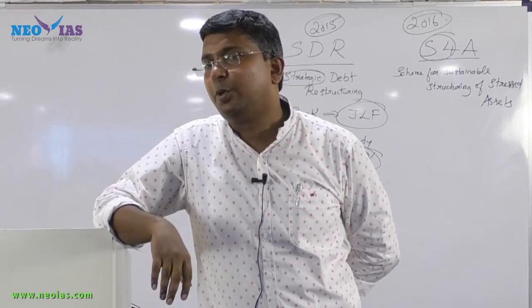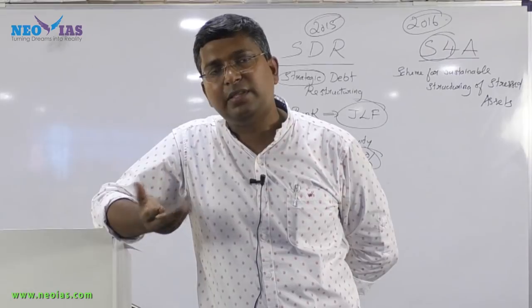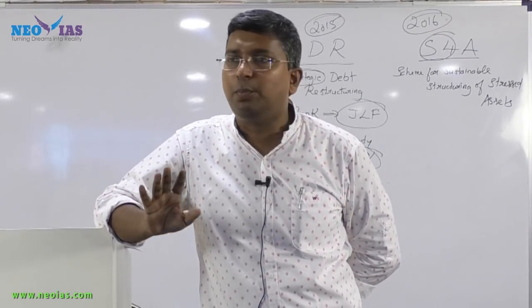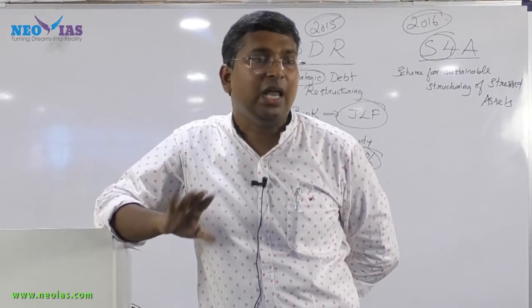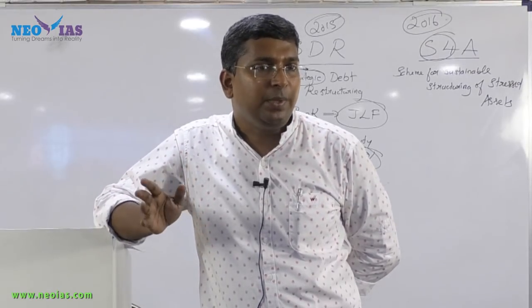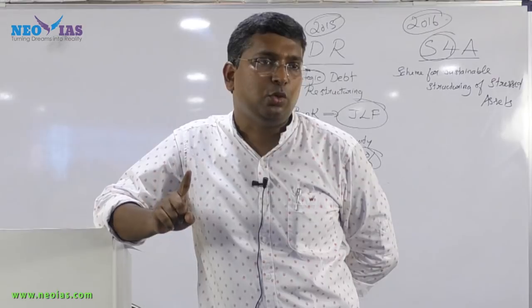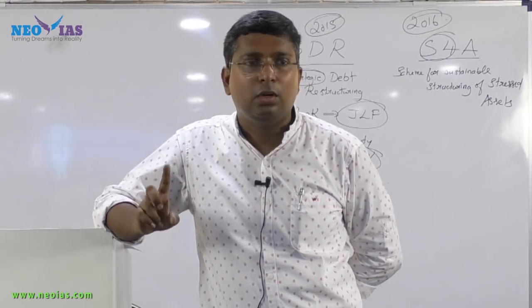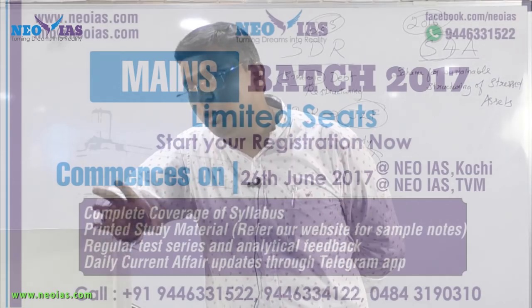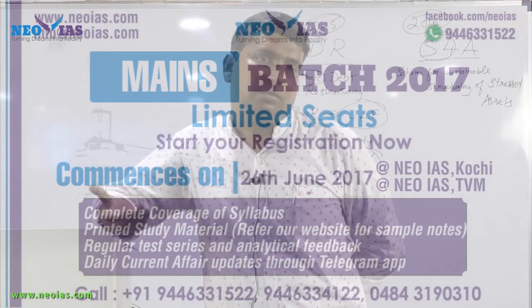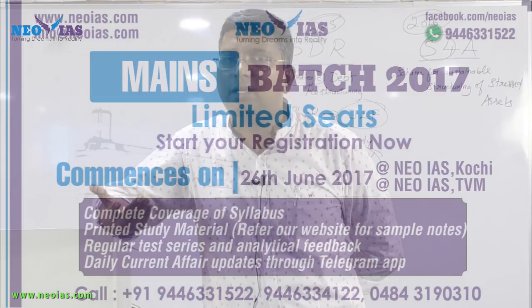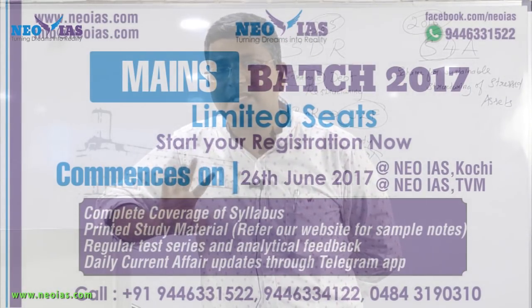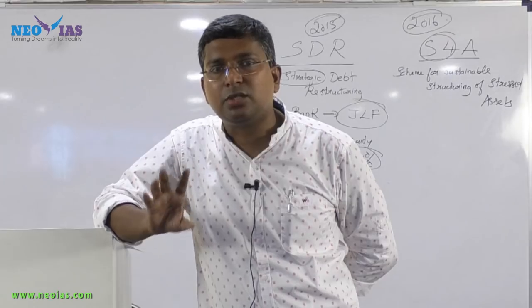Unlike other procedures where the company will be closed down and people will lose employment, here nothing like that happens. The company's managerial control will be shifted to the bank, which will then find a new buyer or investor and sell to that person, and the bank will get back its money. This is what strategic debt restructuring is all about.